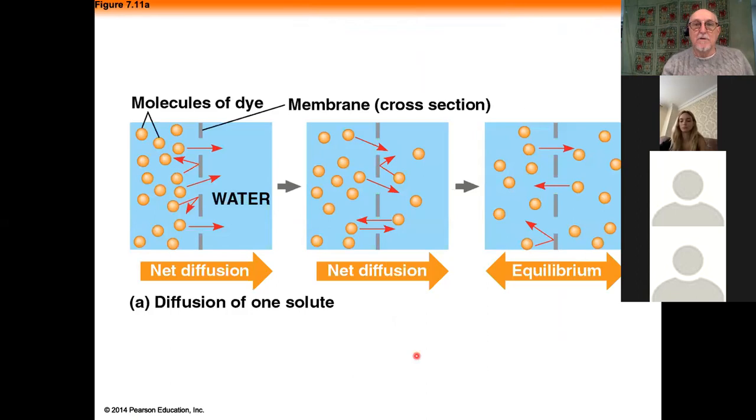cytoplasm. Be sure that you understand the concept of permeability and of selective permeability. That is, the membranes are selectively permeable. They allow certain things to get across easily, and they stop other things from crossing. The most important aspect of the membrane that does that is that hydrophobic double layer inside.